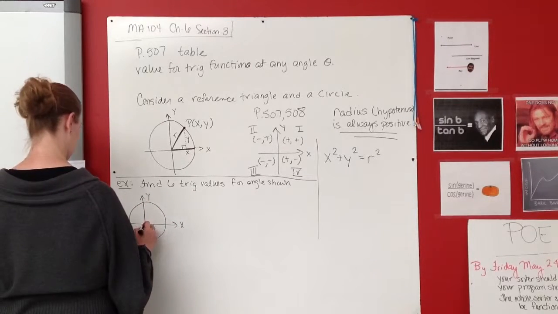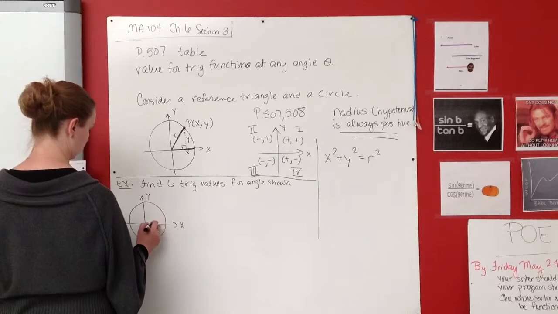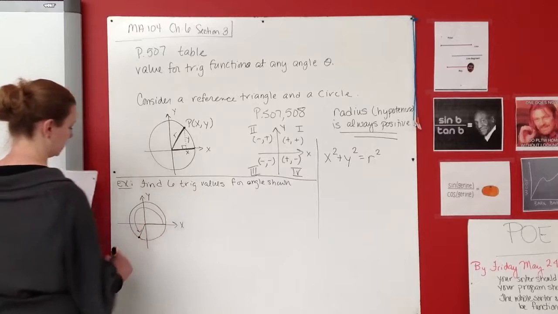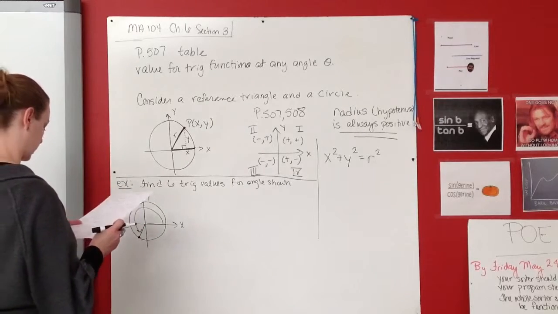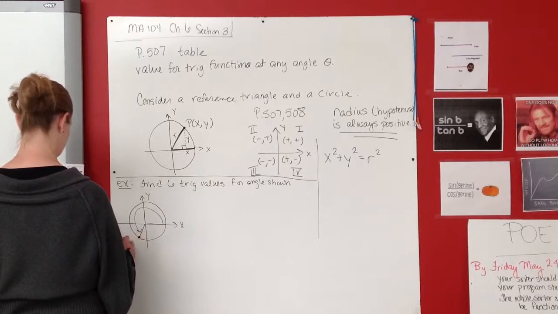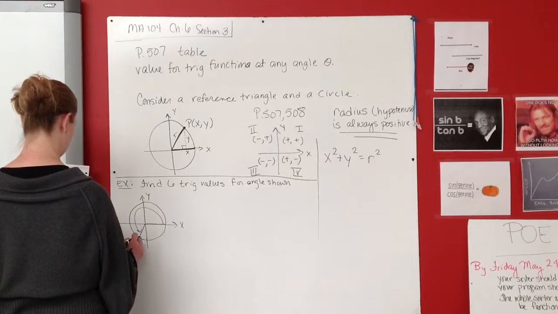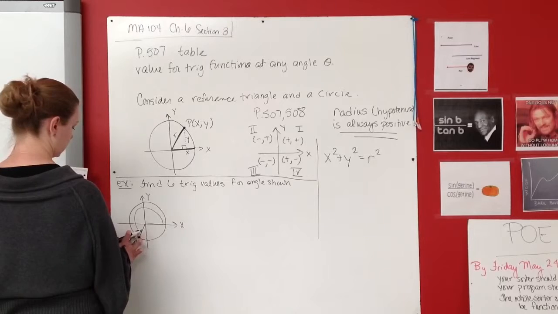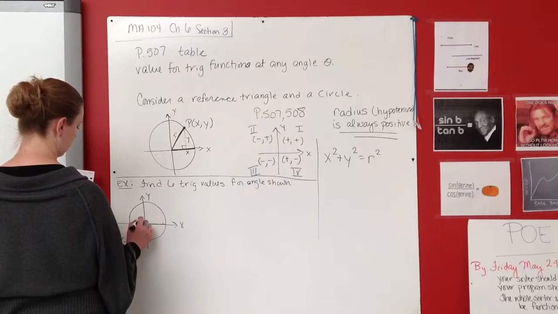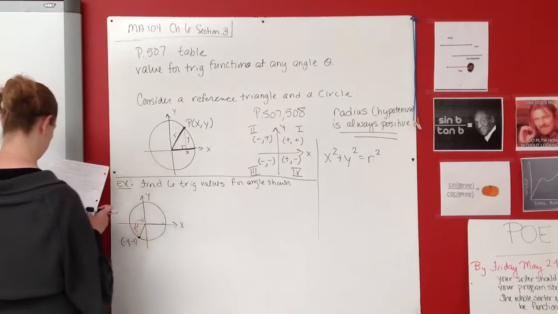So we have some terminal side of an angle that looks like this. It's a positive angle, it goes counterclockwise, but the coordinates of this point here are (-4, -3), which means that if we construct a right triangle here, our x coordinate is -4, our y coordinate is -3.